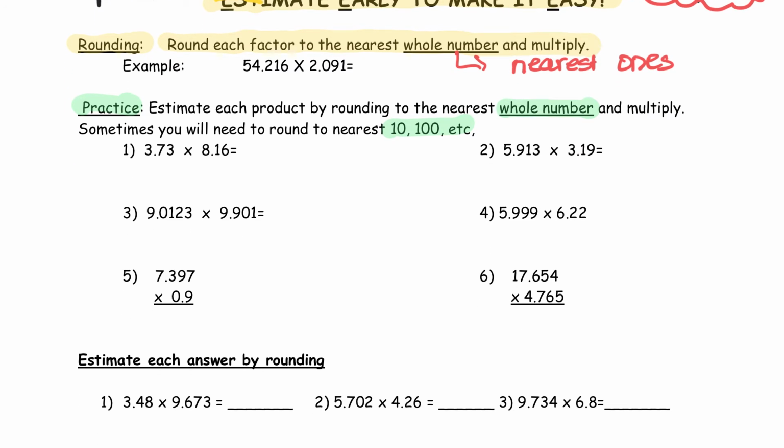I'll do the first one with you, and then you can complete the rest of the page. You can try to do it on your own without your calculator, but I would definitely advise having your calculator out to check your work. From now on, we will be using our calculators to help us check our work. You are responsible for knowing your multiplication facts, and I will put up something in the Google Classroom that will help you if you need to practice your multiplication facts.